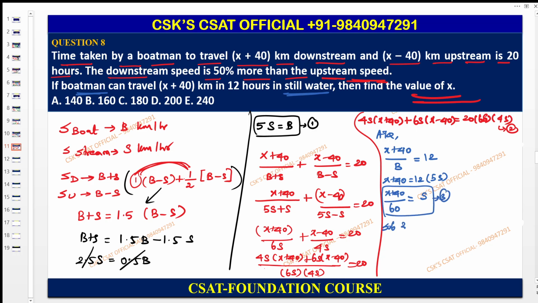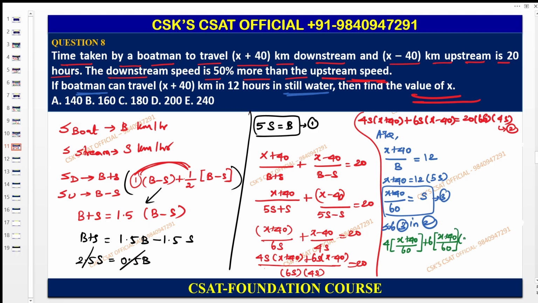Now according to the question, a boat can travel this much distance, x plus 40 distance, right? You know the concept. Distance is equal to speed into time. Time is provided here, so distance by speed.